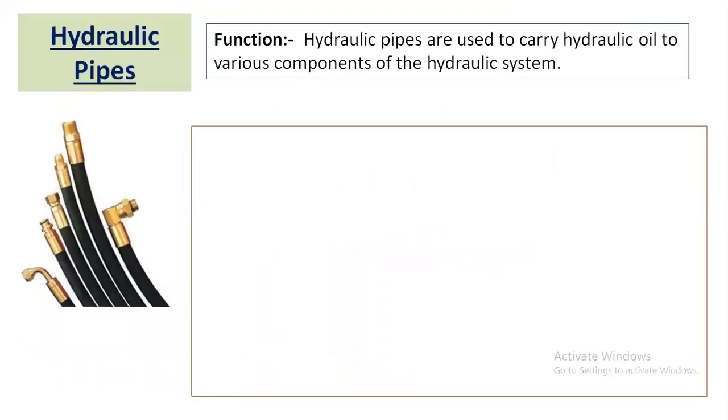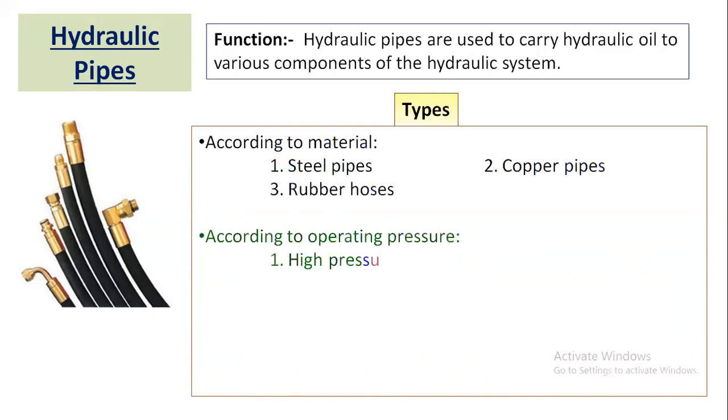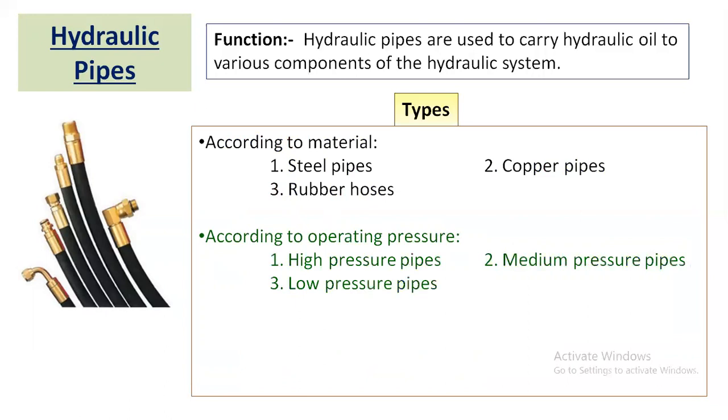Now let's talk about hydraulic pipes. These are like our veins. Hydraulic pipes are used to carry hydraulic oil to various components of the hydraulic system. We can classify hydraulic pipes according to material: steel pipes, copper pipes, or rubber hoses.